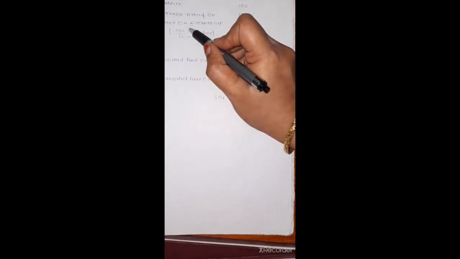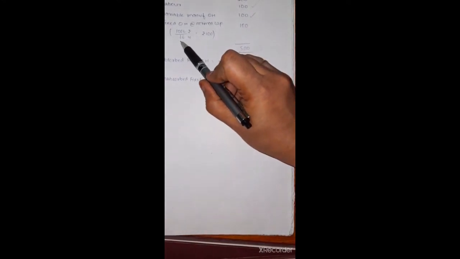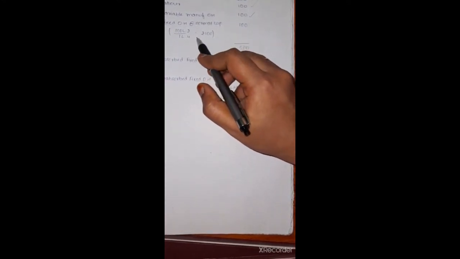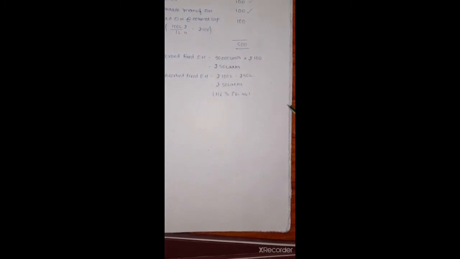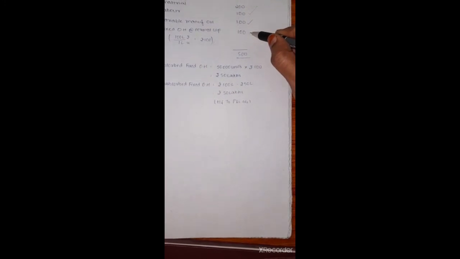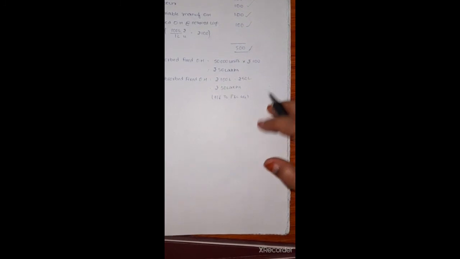But we know that total fixed overheads is 100 lakh rupees upon the normal capacity of 1 lakh units. Therefore, we will be getting rupees 100 as absorption rate. So, we will be taking this 100 per unit here. The total will be 500. Therefore, the cost per unit of inventory lying at closing stock is 500.